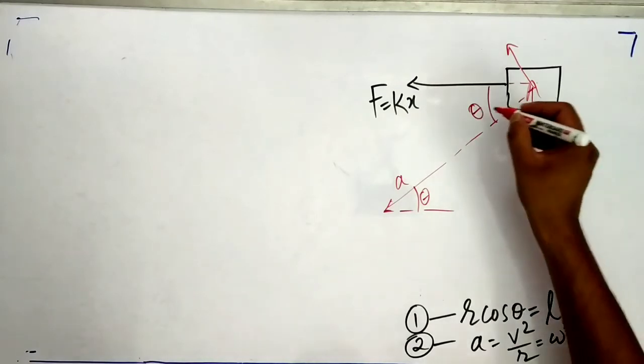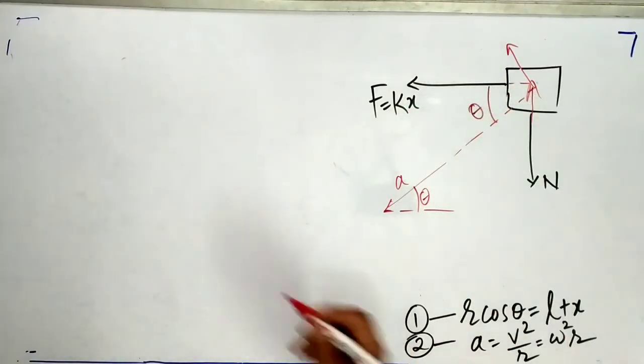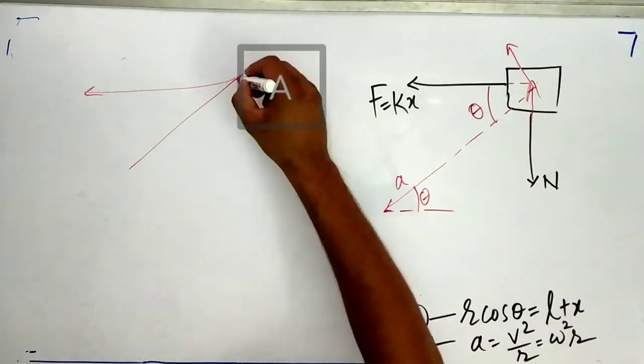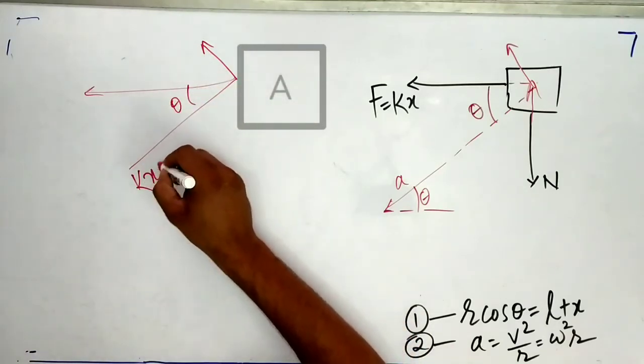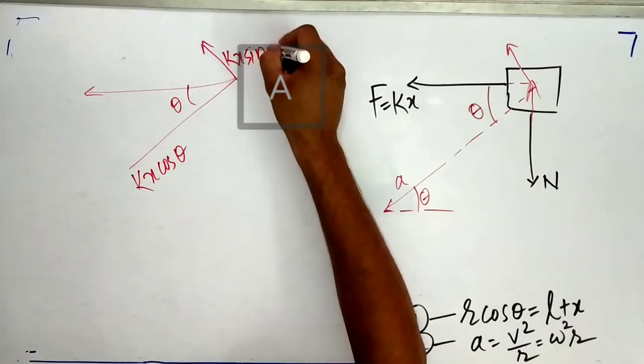Now, since this angle is equal to theta, the force Kx can be broken into two components, Kx cos theta and Kx sin theta.